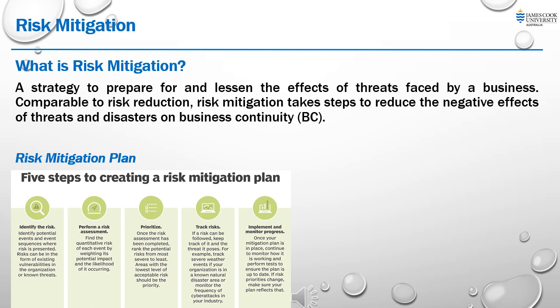Each risk mitigation strategy should be assigned to a person or team responsible for implementing and monitoring the plan. And fifth, monitor and review. The risk mitigation plan should be monitored and reviewed regularly to ensure that it remains effective and up to date. Any changes in the operation or external environment that may impact the risk should be taken into account and adjustments made to the plan accordingly.